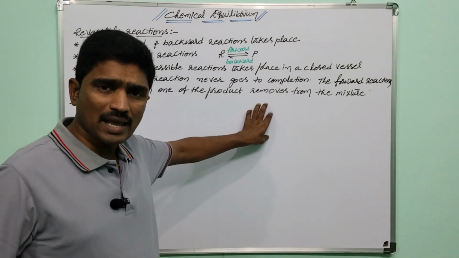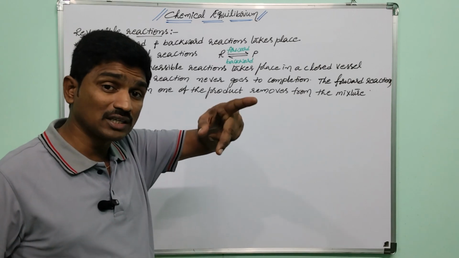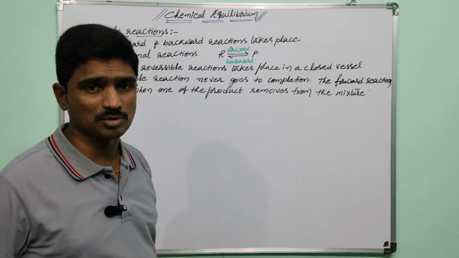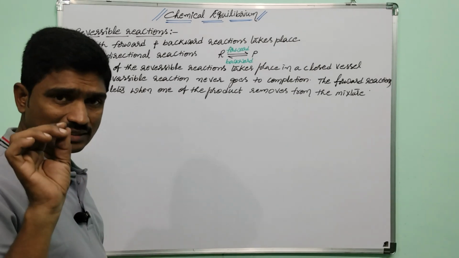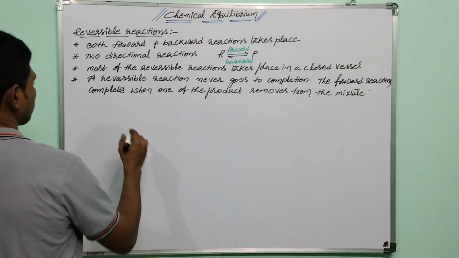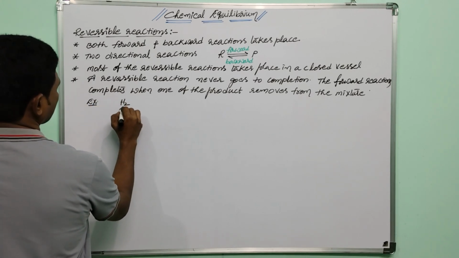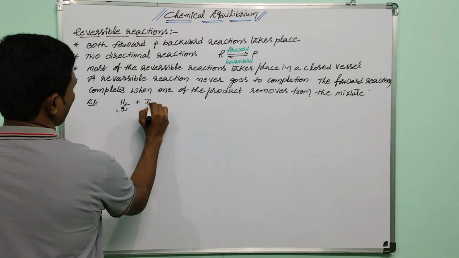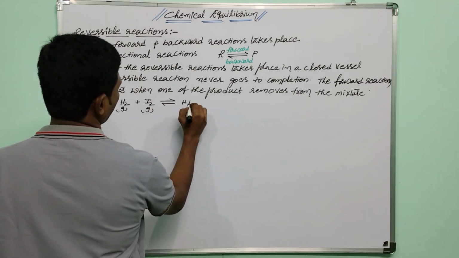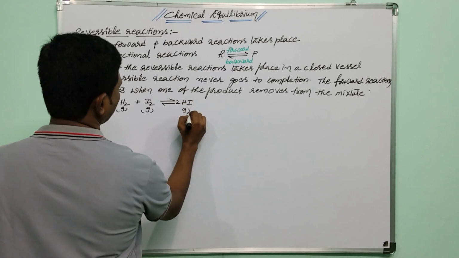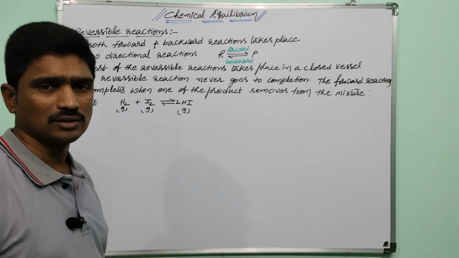Here, in a reversible reaction, the state at which both the forward and backward reactions take place with the same speed. Before that, we have to observe some examples. Let's see some examples for reversible reactions. For example, hydrogen gas combines with iodine gas, they give hydrogen iodide, which further dissociates to give hydrogen and iodine. Okay.